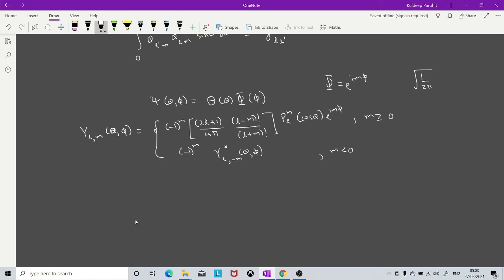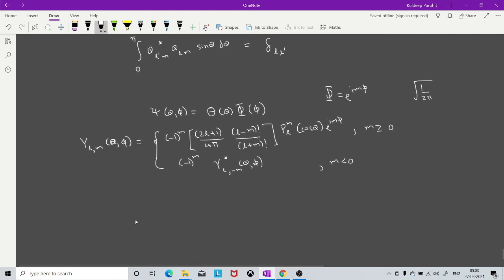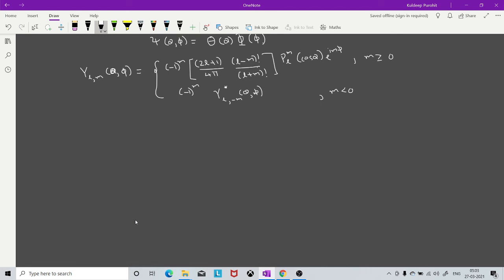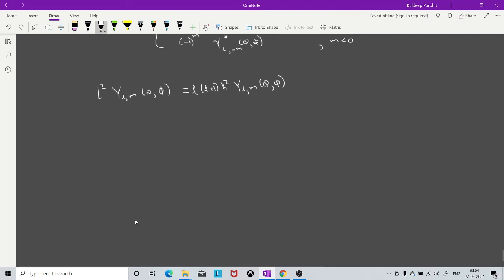So these are basically the solutions, and these Y l m theta phi are actually the wave functions of this L square operator.